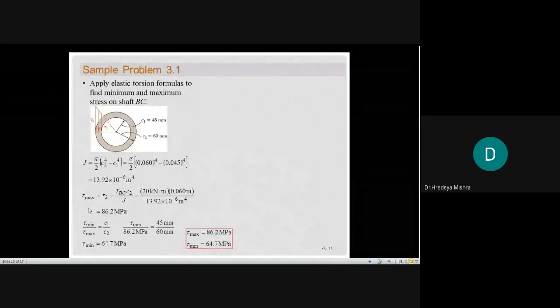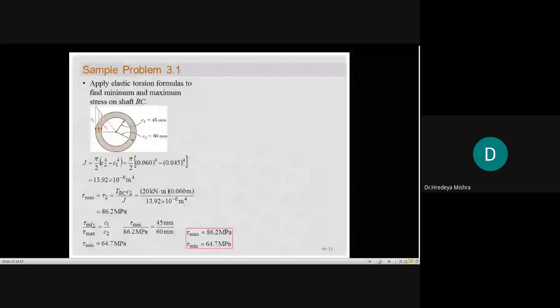Now tau max, how do we get it? We have the formula Tc by J, and we put 20 kilonewton into 0.06 divided by 13.92, whatever the value of J. The ratio of minimum shear stress to maximum shear stress is equal to the ratio of the inner and outer radius.